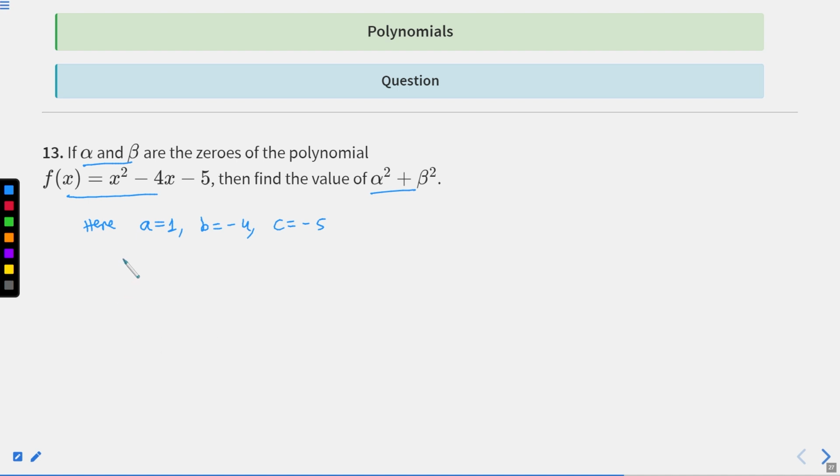So alpha plus beta is equal to minus of b upon a, and that is equal to minus of minus 4 upon 1, and this is equal to 4. So alpha plus beta is equal to 4, and alpha times beta is equal to c upon a, and this is equal to minus 5 by 1, and this is equal to minus 5. So alpha plus beta is equal to 4, and alpha times beta is equal to minus 5.